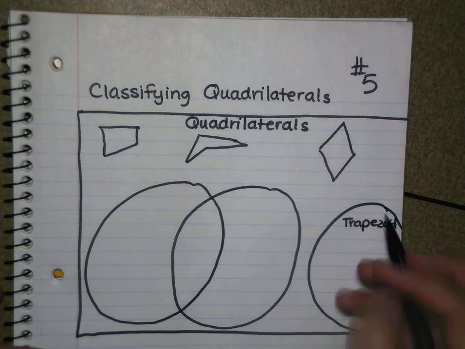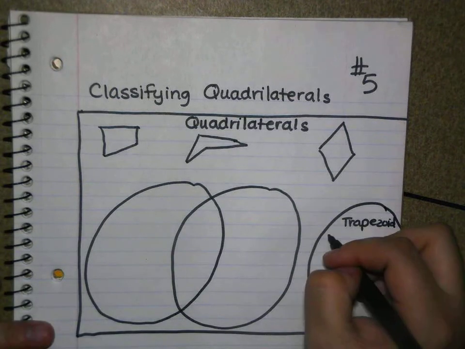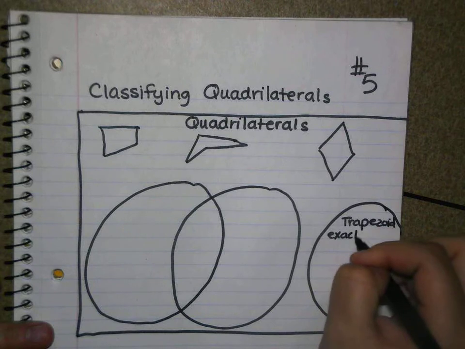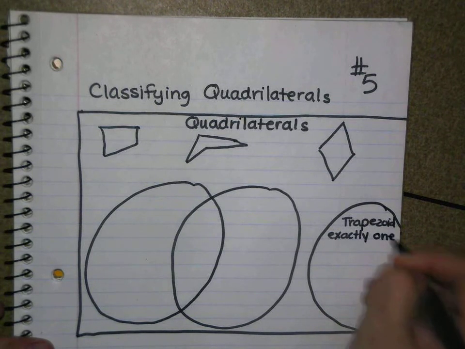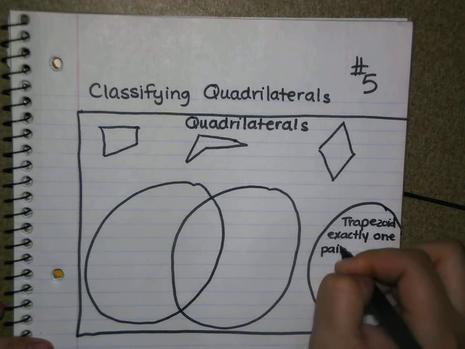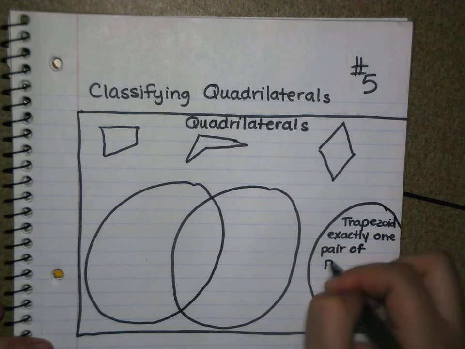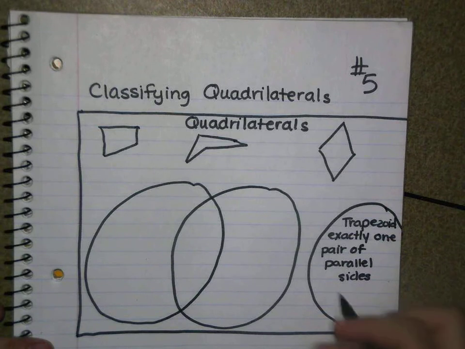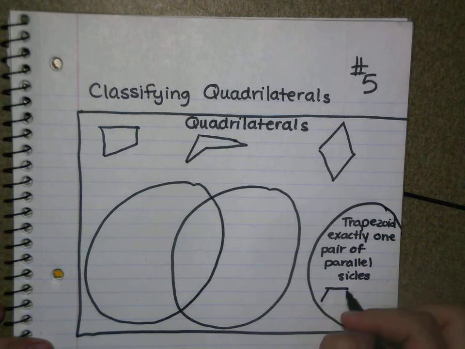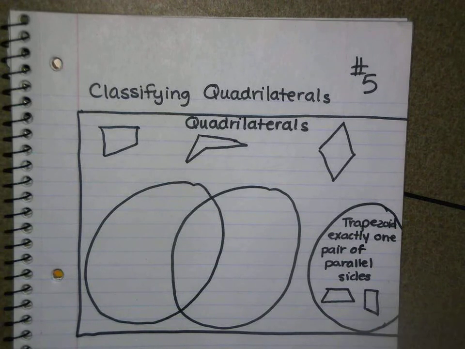And trapezoids are unique because they have exactly one pair of parallel sides. Okay, so exactly one pair of parallel sides, and those might look something like this, where the top and the bottom here are parallel, or it may also look like this, where the 2 sides here are parallel as well.